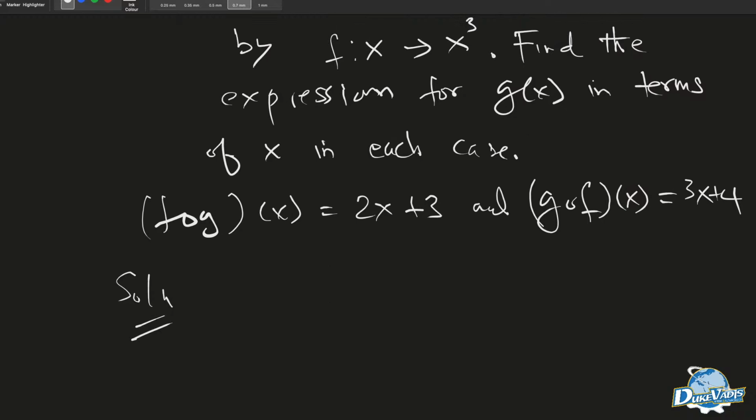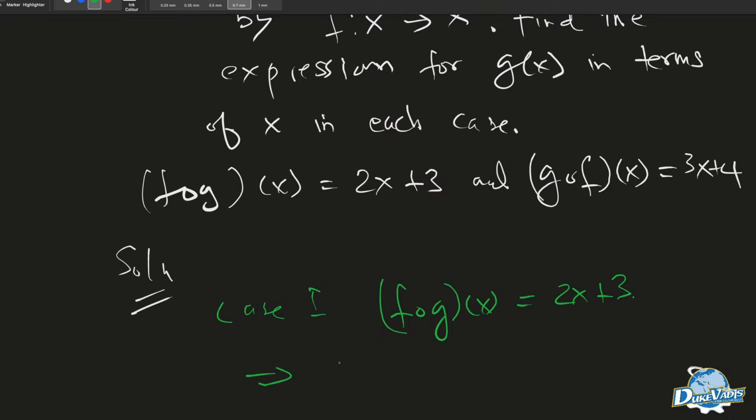If we tackle the first case, the question says f of g of x is giving us 2x plus 3. So this implies that f of g of x is equal to 2x plus 3.